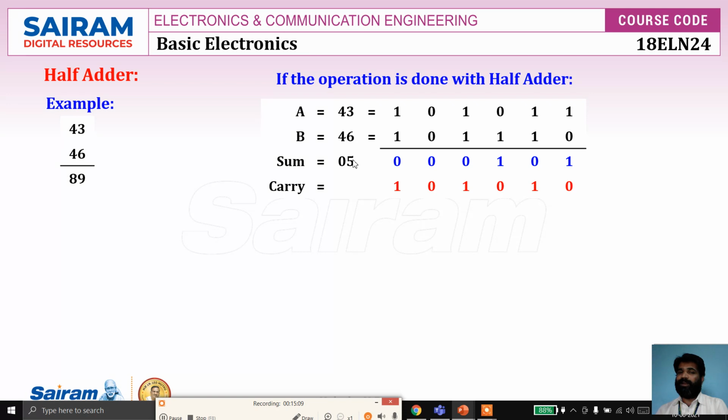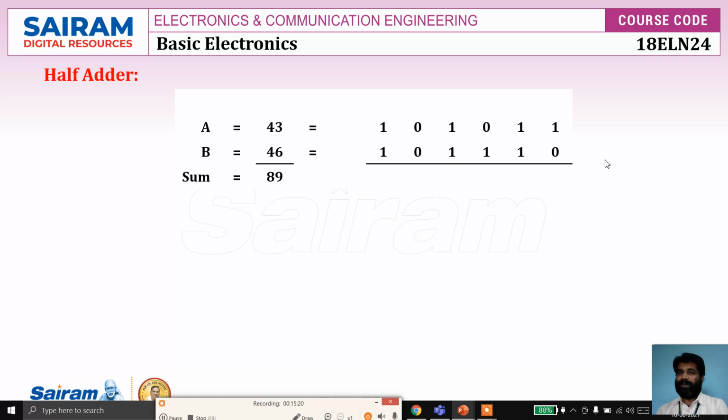So it is not right, correct? Because we are expecting 89. So this is not the procedure actually. Whenever a carry is there, that has to be considered for the next bit, like this. Here first bit, 1 plus 0 is 1. And here 1 plus 1 means 0: sum is 0, carry is 1. That means 1 plus 1 is 2, and 2 is written as 10, so 0 is the sum and 1 is the carry.